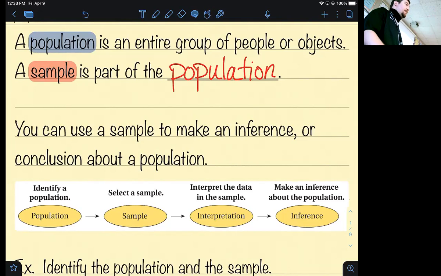Now, tell me which of these two ways would be the best way of sampling the students? Option one, going into Mrs. Lazar's room during sixth period and saying, how many of you do a sport after school, writing those results down, and then using those results to make my inference, my conclusion.